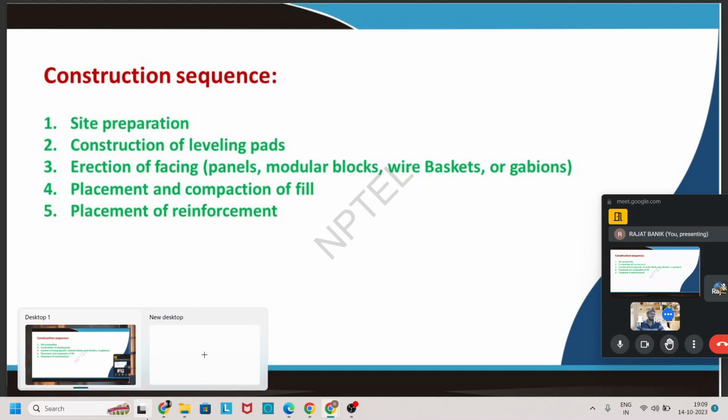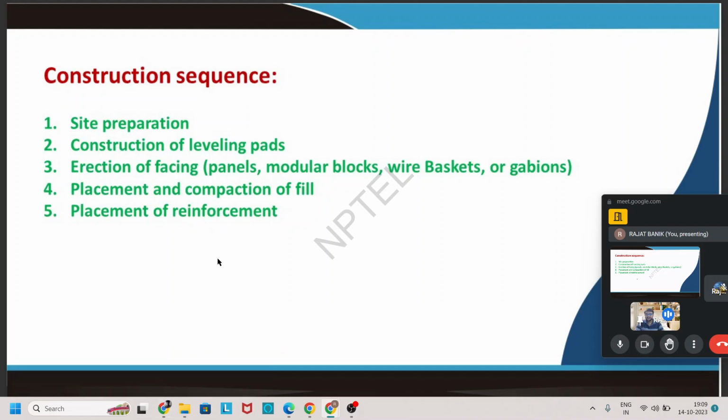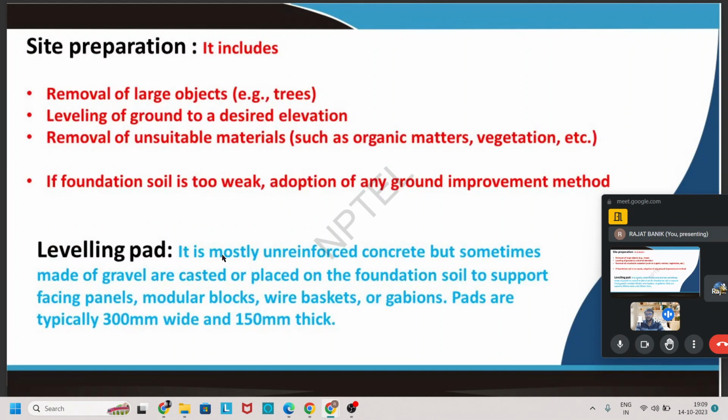Now we discuss these points one by one. So first one is site preparation.